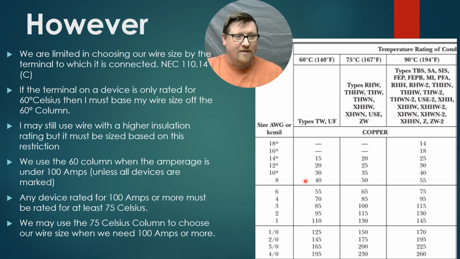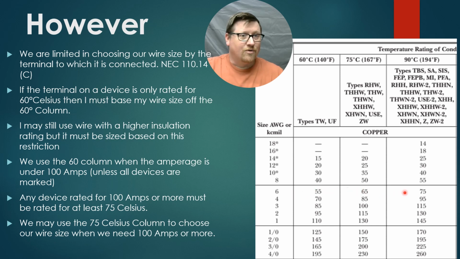So if I needed that 55 amps, let's go back to that 55 amps, I have to use this 60-degree column, and a number 8 is only good for 40 amps here. And so I have to use a number 6 wire to get that 55 amps. Now, I can still use a THHN number 6 wire.